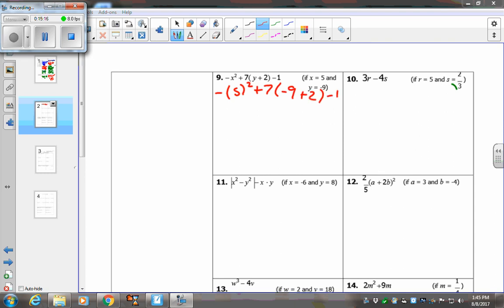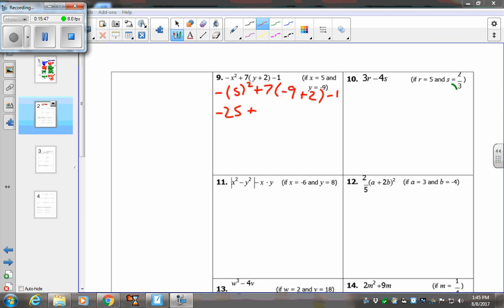All I've done was substitute my numbers into the variables. What is 5 squared? 25. But because the negative is out front, it's going to be negative 25. Is everyone okay with that? If the negative is out front of the parentheses, it does not get attached to the number. Okay? Plus, I don't want to distribute.